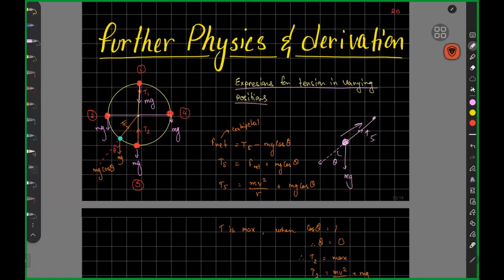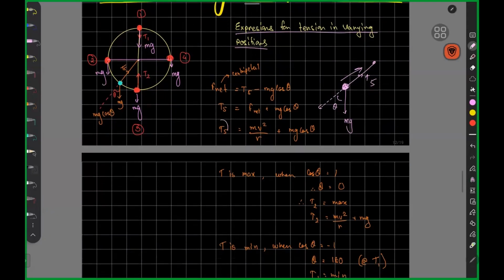And in doing so, what I see is my net force or the centripetal force comes out to be T5 minus mg cos of theta. Great. Now what can I do? Now I want to analyze the tension. So I'll make tension the subject. T5 is equal to F net, or the centripetal force, plus mg cos of theta.